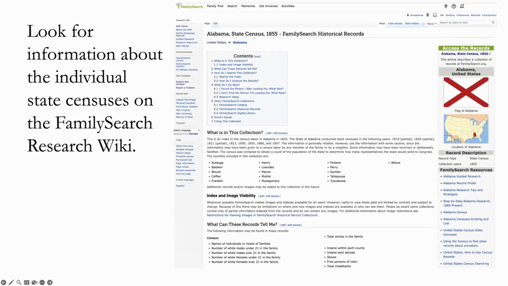To get a basic understanding of the census records and where they are, it's always a good idea to start with the FamilySearch Research Wiki. There are well over 100,000 articles on here. There are a few that aren't kept up quite like they need to be.